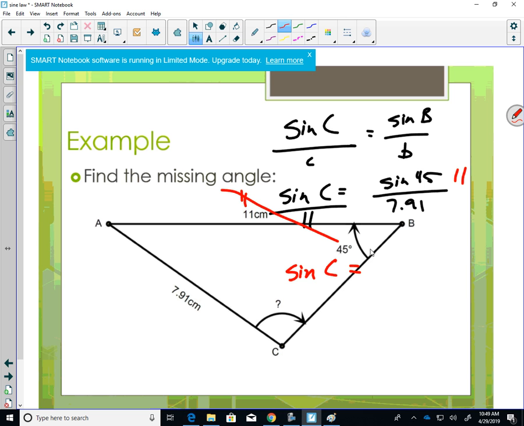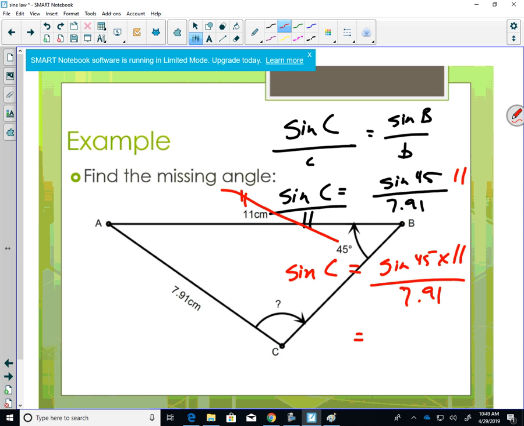You can do it the other way as long as you don't round early. Premature rounding. Get some penicillin for that. So sine C is equal to sine 45 times 11 divided by 7.91 equals.